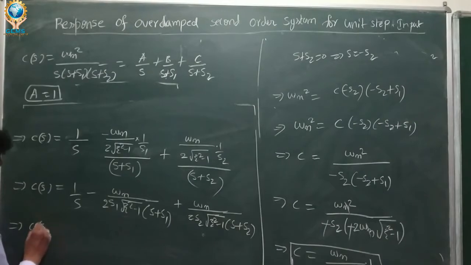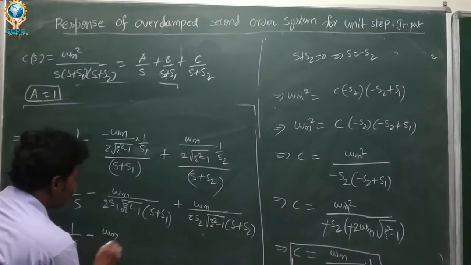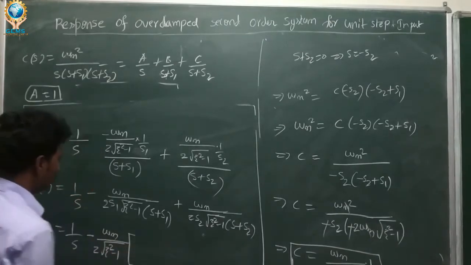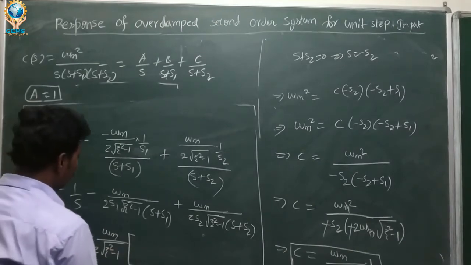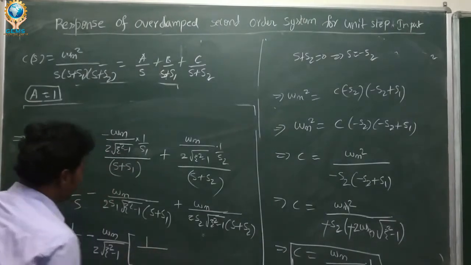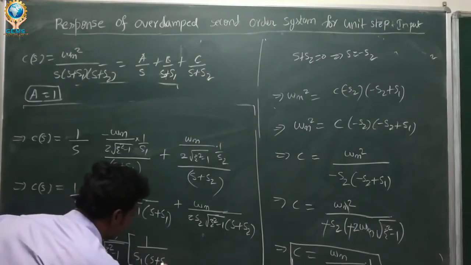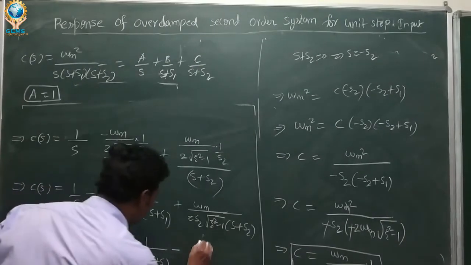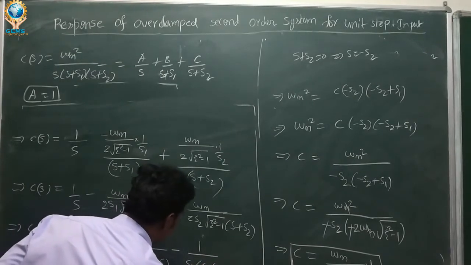So C of S is equal to 1 by S minus omega n by 2 root zeta square minus 1 into, 1 by s1 into s plus s1, minus 1 by s2 into s plus s2.